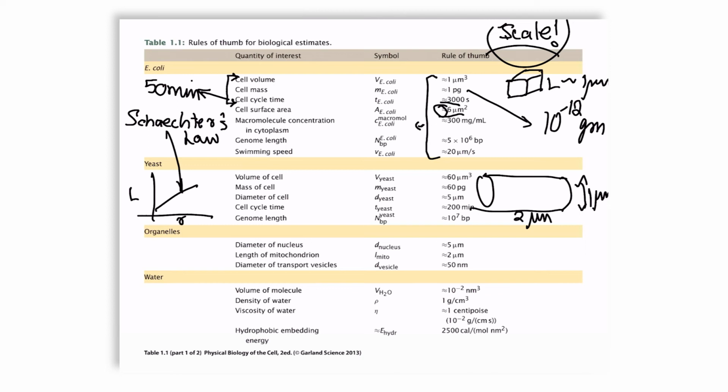Which is another way of saying that we would love to have these measurements for other cell types too, but until we have them, we're better off with the numbers we have. So yes, you do need to.